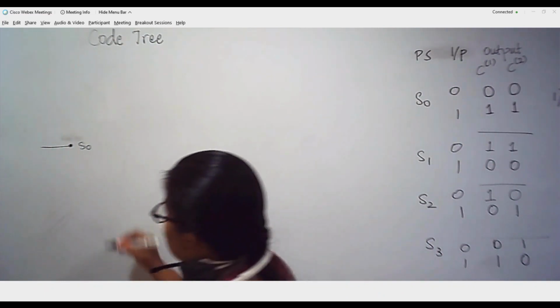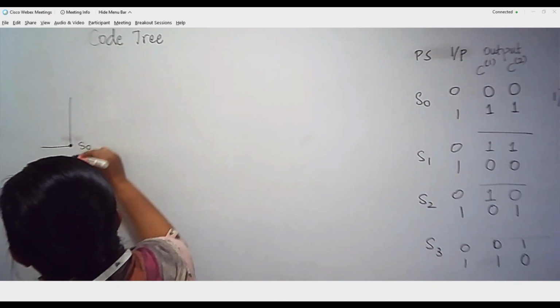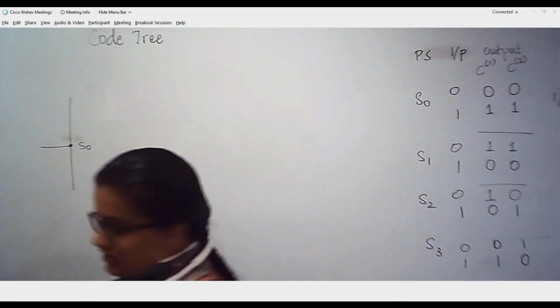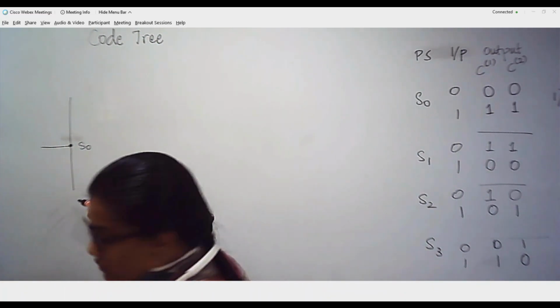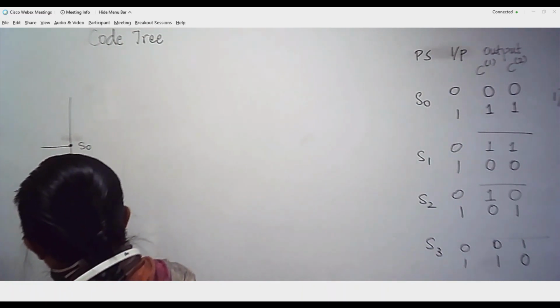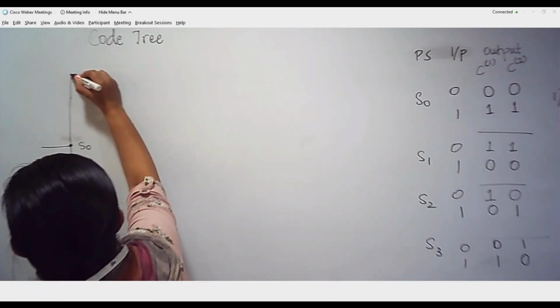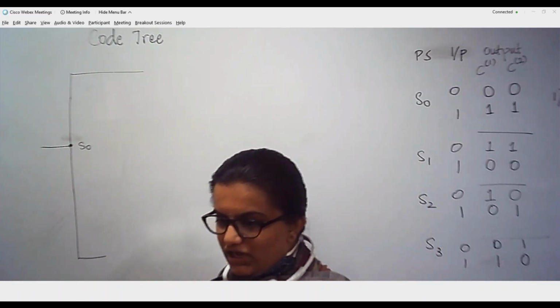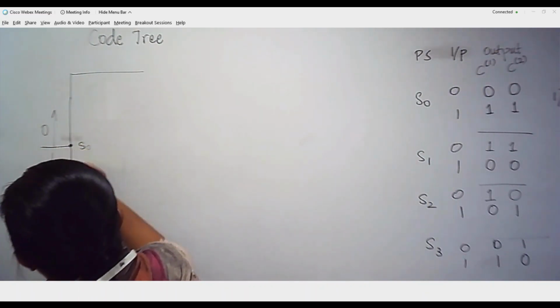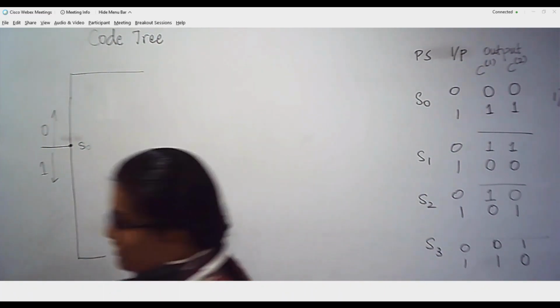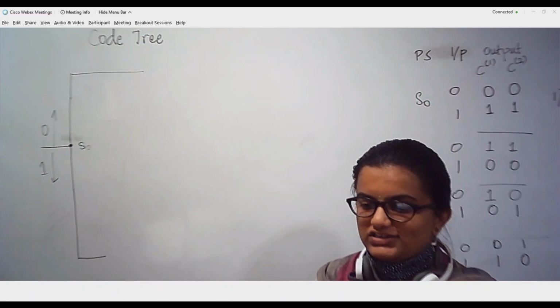The transition in the upper direction and the transition in the lower direction will represent the input that I provide to the system. The upper transition will signify a 0, and the lower transition will give me an input of 1.